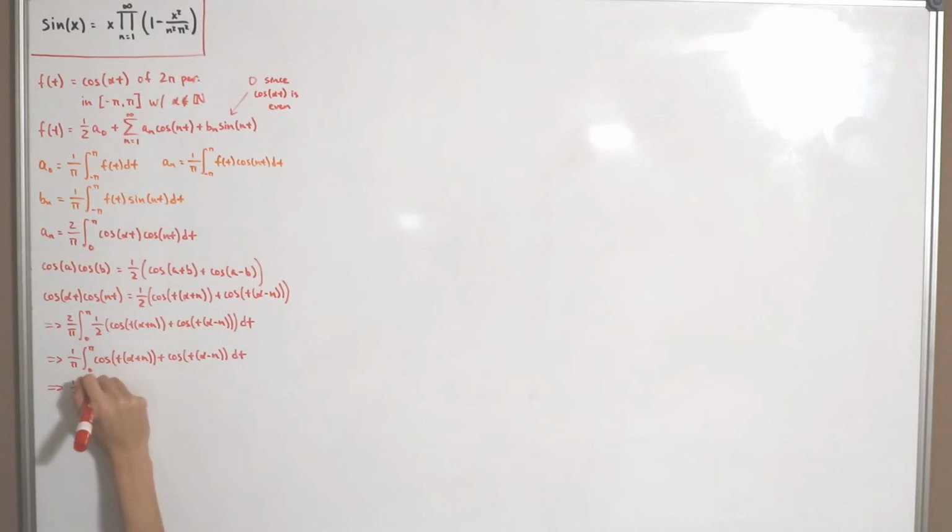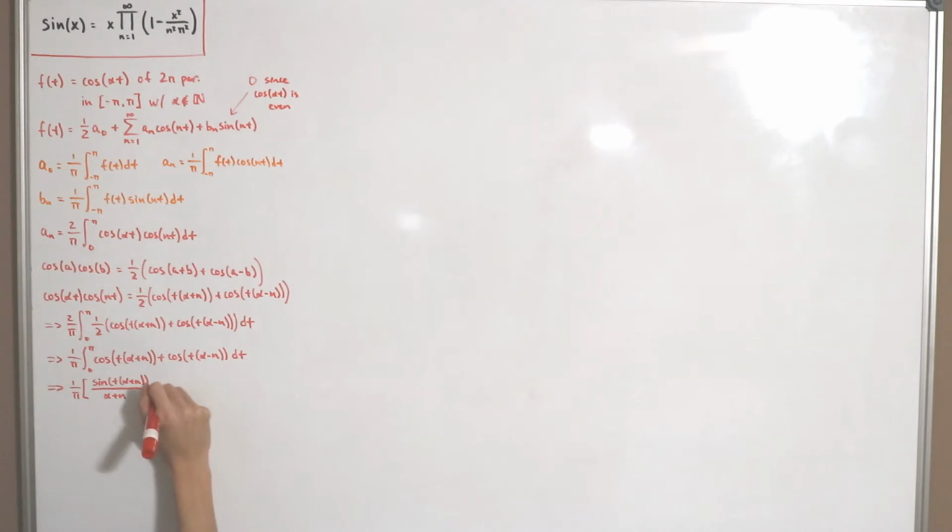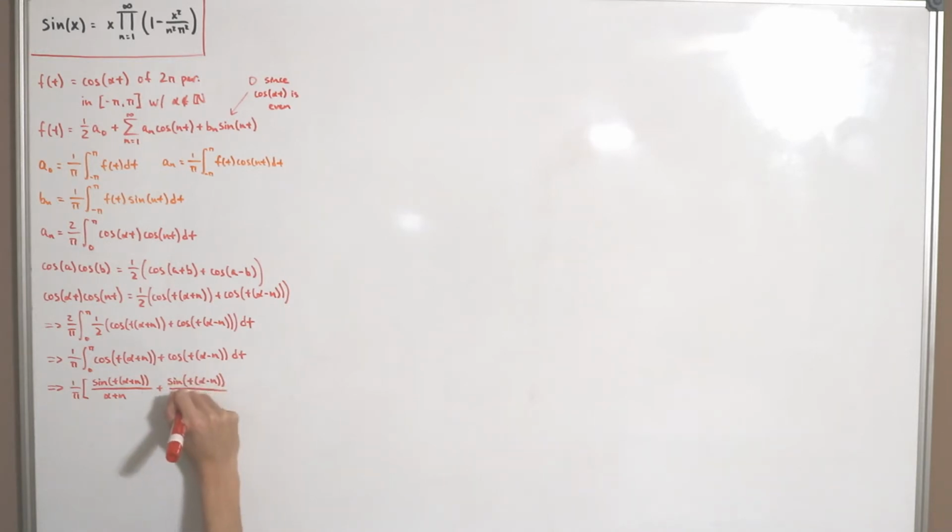This is sine of t times (alpha plus n), divided by alpha plus n. Then over here, this is sine of t times (alpha minus n), divided by alpha minus n, and we evaluate this with our bounds from 0 to pi.